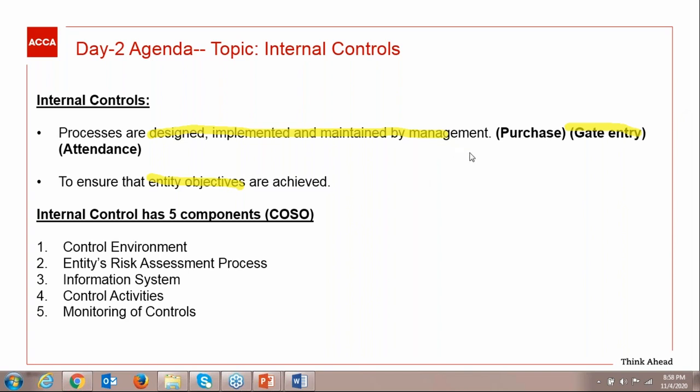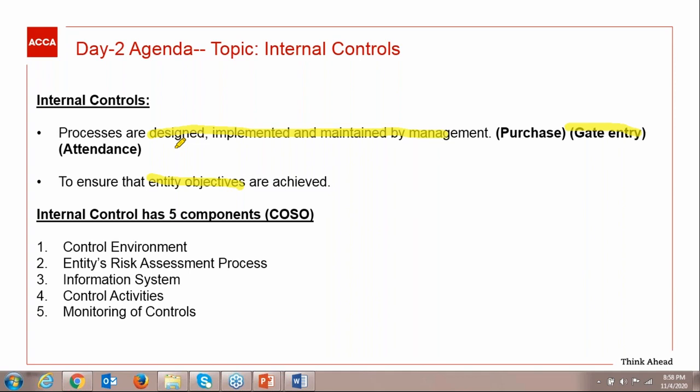Now, in my office, where I'm working as group head of audit and compliance, this is an internal control. Whenever an employee comes into the organization, he or she should scan their face, and afterwards he or she can go to their personal office.